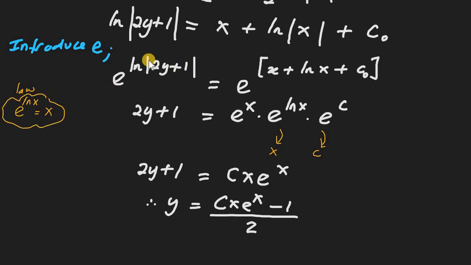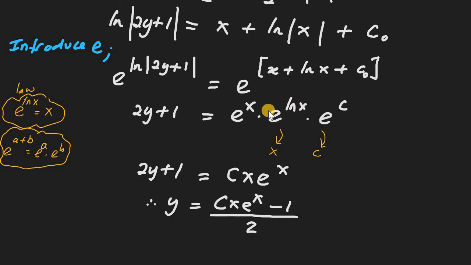So the e power ln of this absolute value is the absolute value itself. As for this portion, we can use the exponential law: e power a plus b is e power a multiply e power b. Law of exponents from our high school.